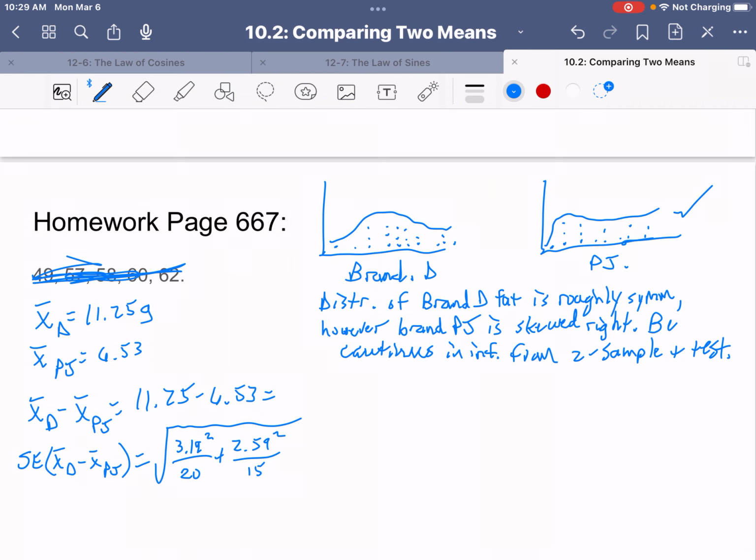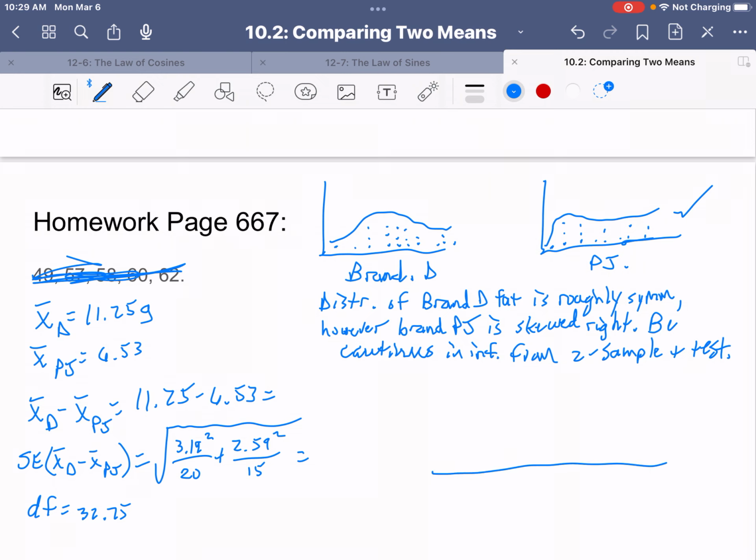I'll do that in just a minute. The calculator is also telling me that the degrees of freedom is 32.75. Just make sure that you report that.